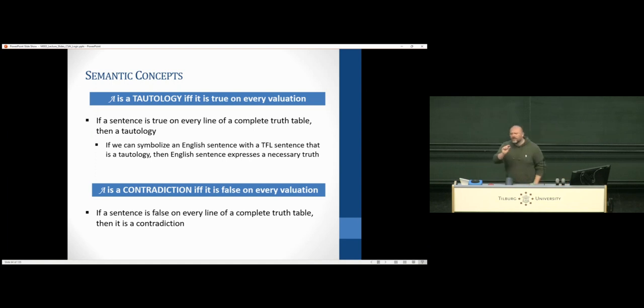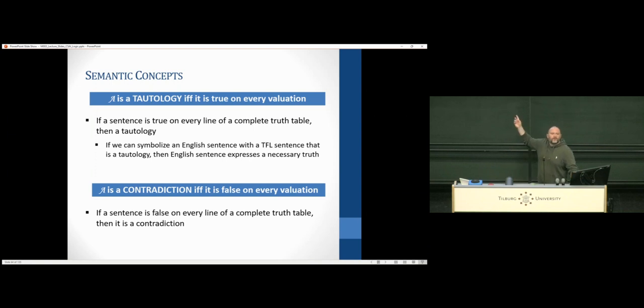Yeah, we've got to be careful about phrasing, but yes, there'll be some valuations where it's true and some valuations where it's false. Now again, this is just mapping the intuitive notions we defined in lecture 1, and talked about that first week. We've cashed it out now in terms of valuations, in terms of assignments of truth values to atoms and our big table machinery.